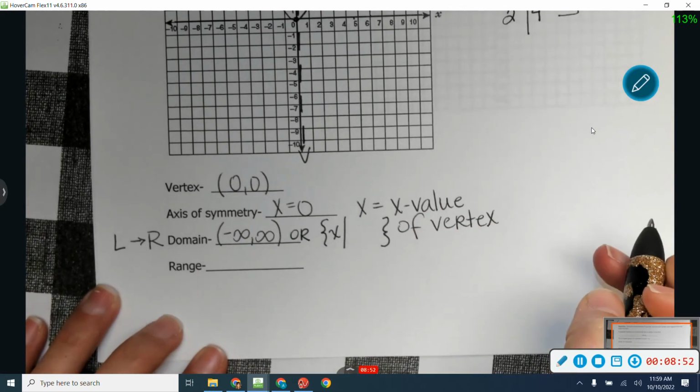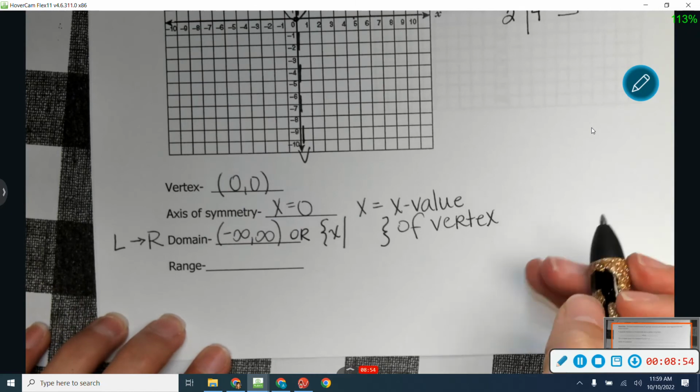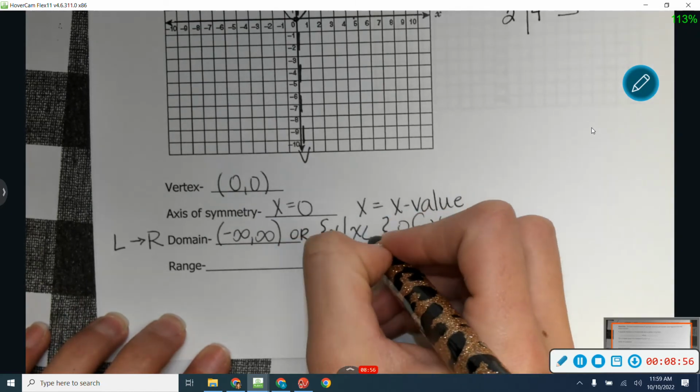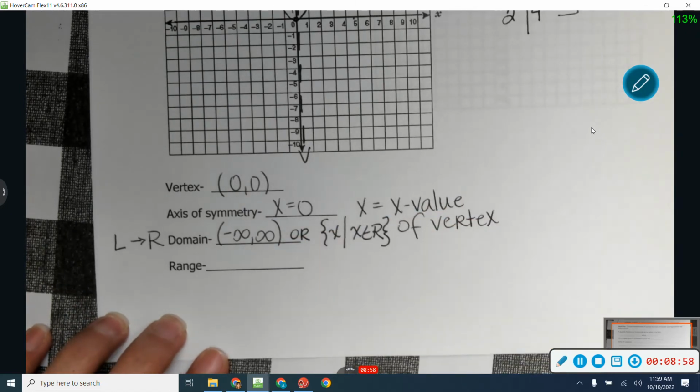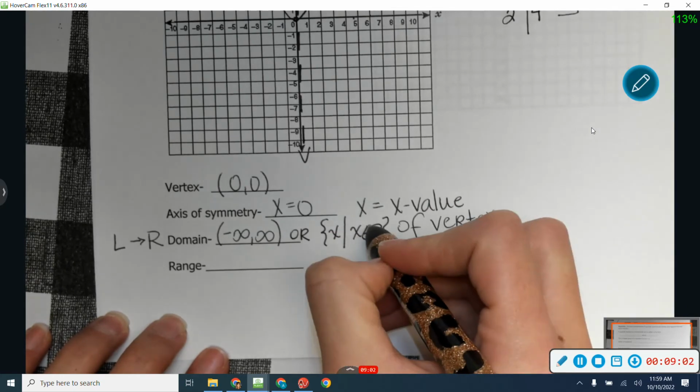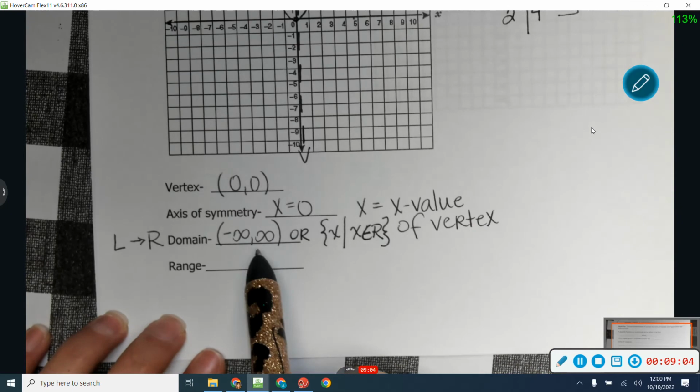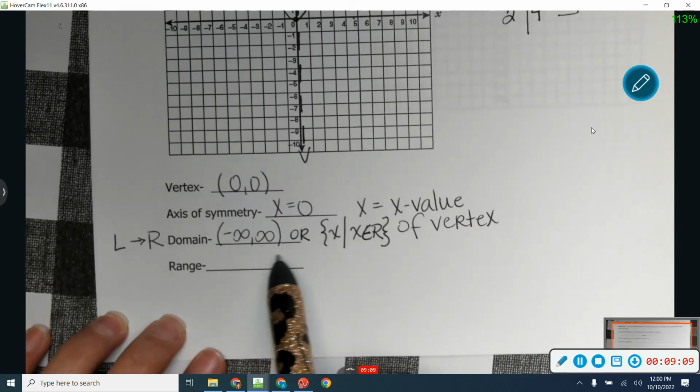And what would I write for all real numbers? That x ∈ ℝ. x is a member of all real numbers. I don't care which one you do. I'm going to do both each problem for whichever you prefer.